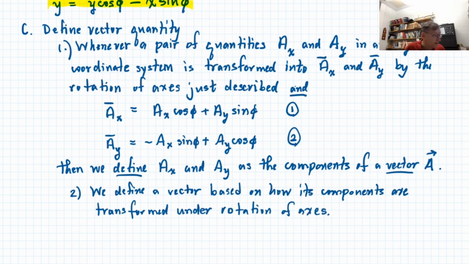That's how we define a vector. Okay? Any quantity is a vector if its components are transformed under rotation, just like a displacement vector would.